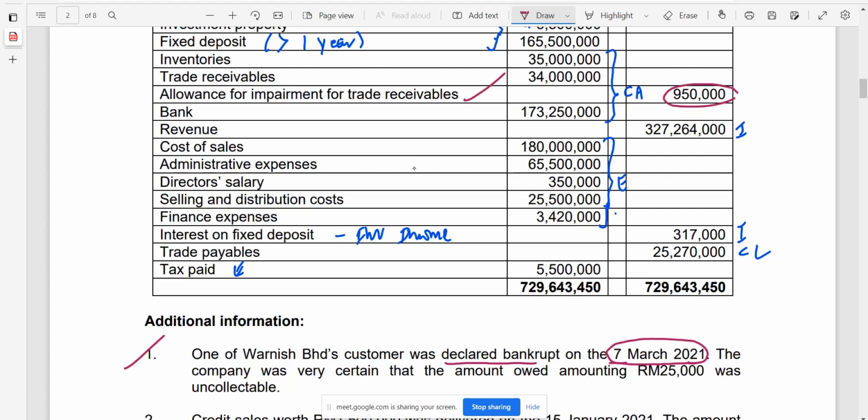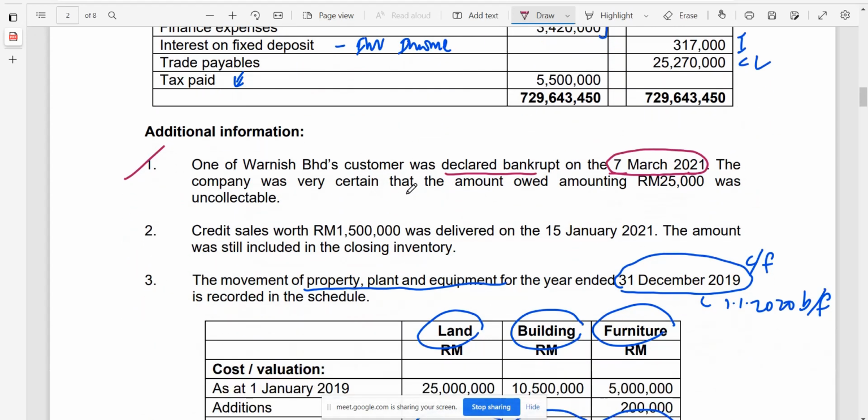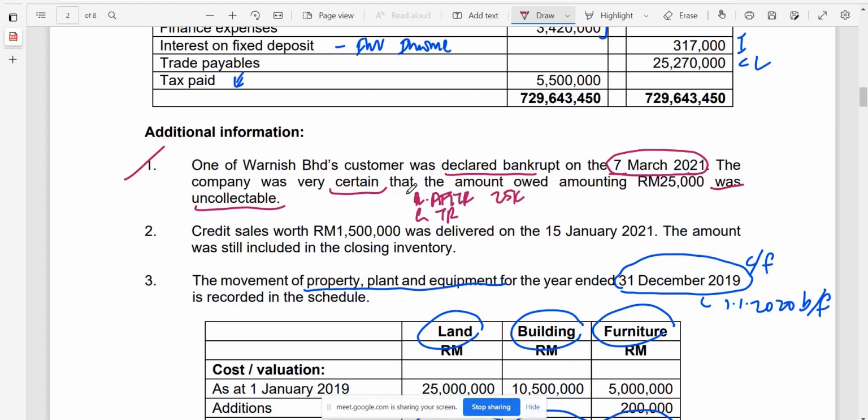So you are going to write off the bad debts which relate to the customer that is now certainly uncollectible against the allowance. So you will debit the allowance for impairment of trade receivable, and credit the trade receivable with the amount 25,000, and this would be adjusted later in your SOFP under your current asset. Make sure you do that.